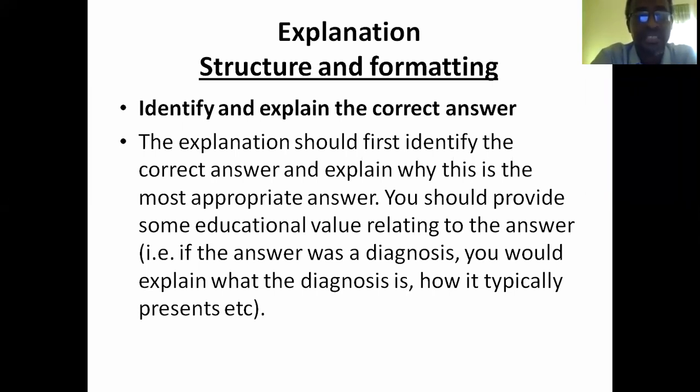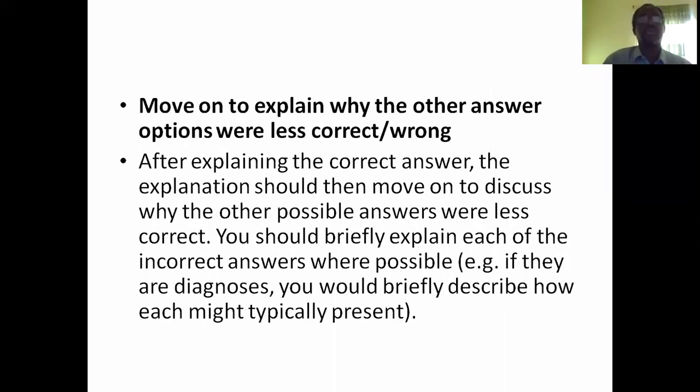Then in answering one best answer questions, you have to give some explanation why you chose this as the best answer. Next, an explanation why you don't choose the other options, which were less correct. Usually, we are talking about the best answer, so the others are less correct. They are not wrong.